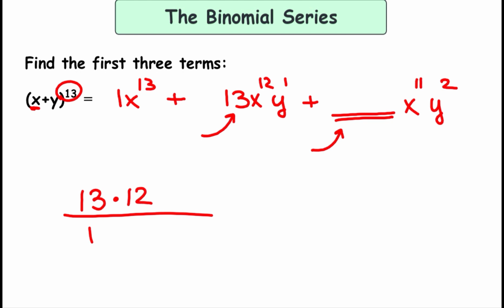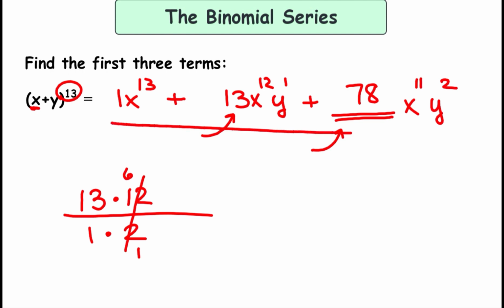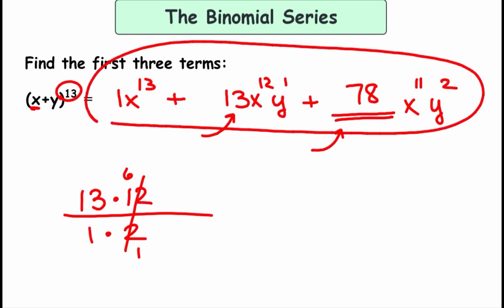You take the denominator and you come up by 1, multiply by 2. Of course, the 12 and the 2 are going to cancel each other. 13 times 6 is 78, and that is indeed the coefficient. So here are your first 3 terms using the binomial series.